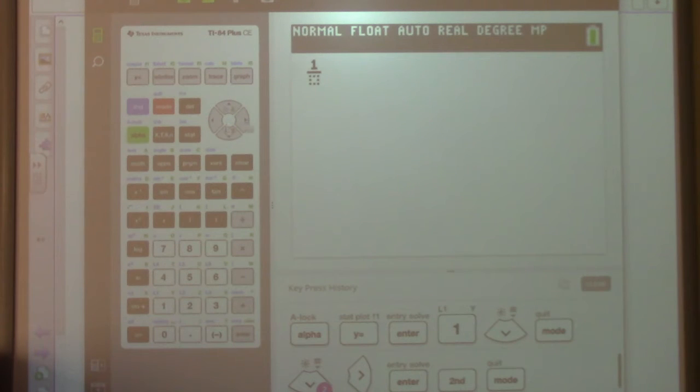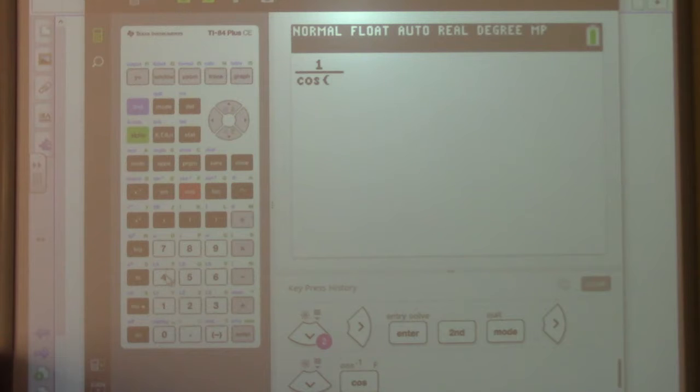So we have 1 over cosine 45 degrees. Yeah, 1.414. So if you actually did it in the calculator, that's what you get.